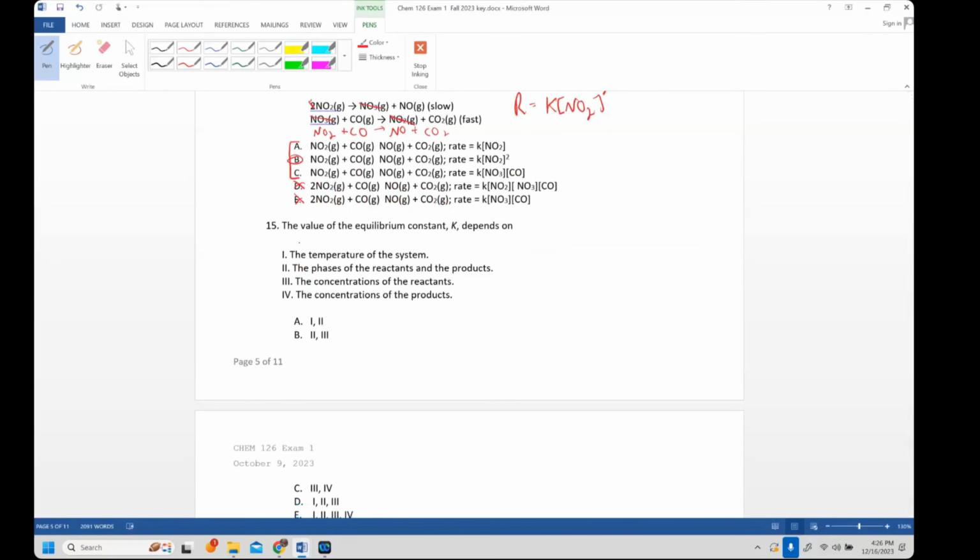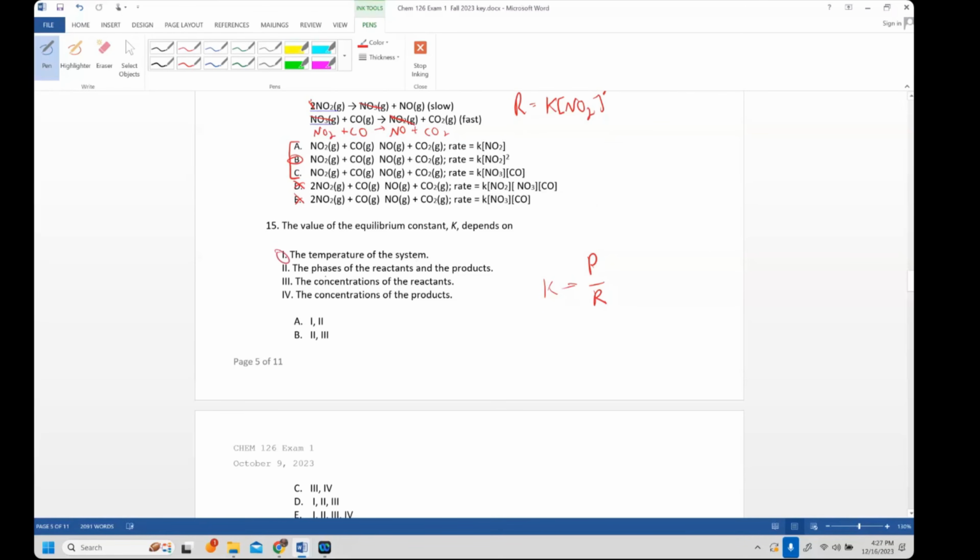All right, next. The value of the equilibrium constant K depends on what? We know that K is products over reactants, right? And it changes with temperature, because if you change the temperature of the system, you could have a different ratio depending on how fast it goes. So yeah, the temperature changes everything.